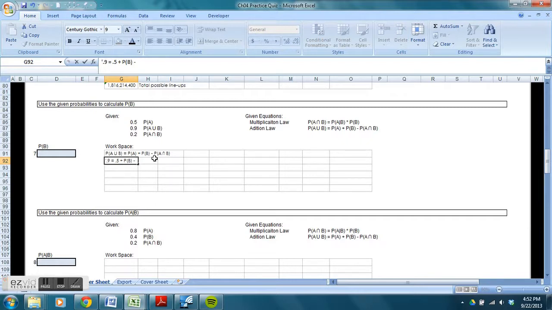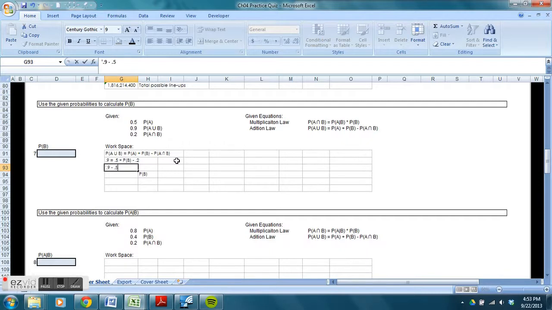So probability of B. Well, let's actually first reorder this equation so we get probability of B by itself. So another comment thing, 0.9, and let's subtract 0.5 from each side, and then add 0.2 to each side.